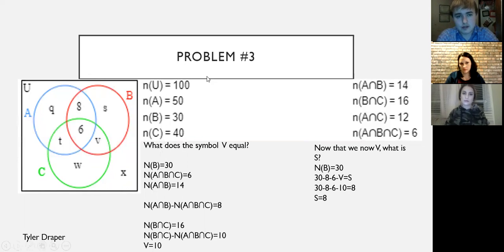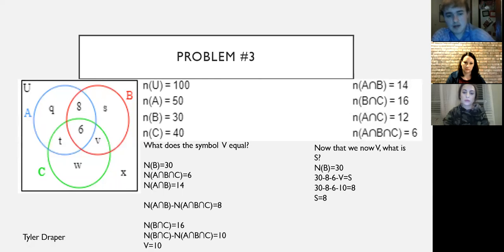So let's see. We see that the very middle here is 6. And then A intersects B will be 14. So that means that 8 plus 6 equals 14, where A and B intersect.